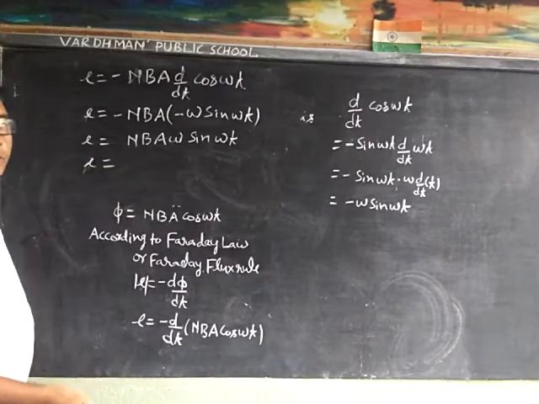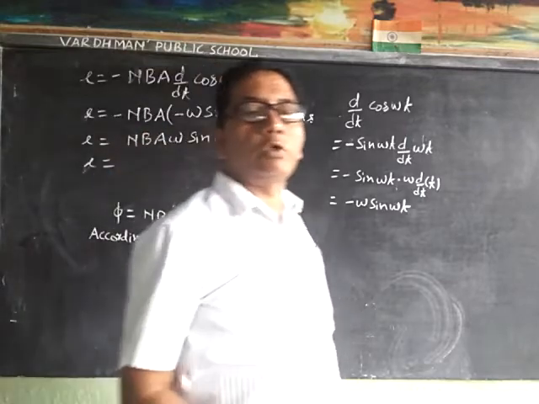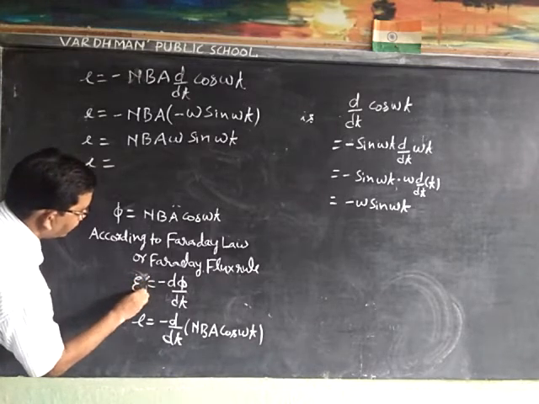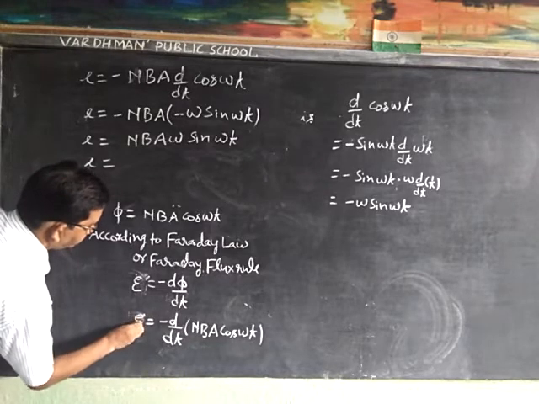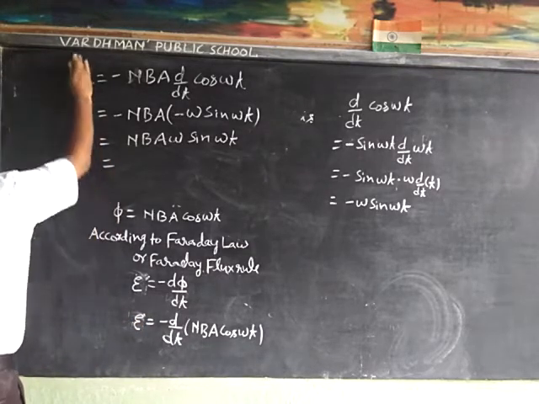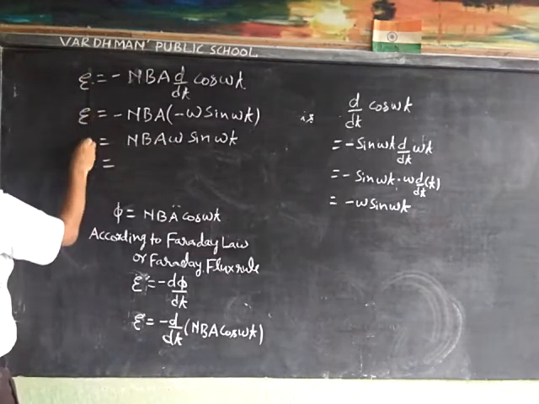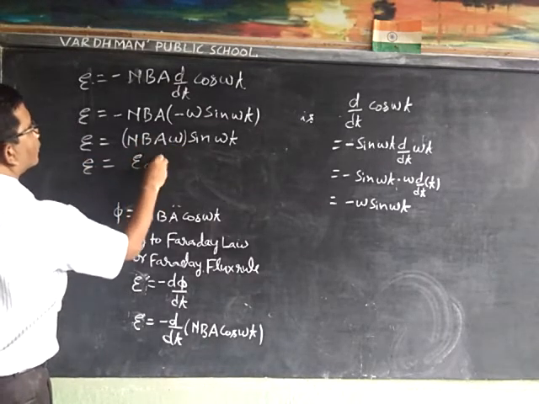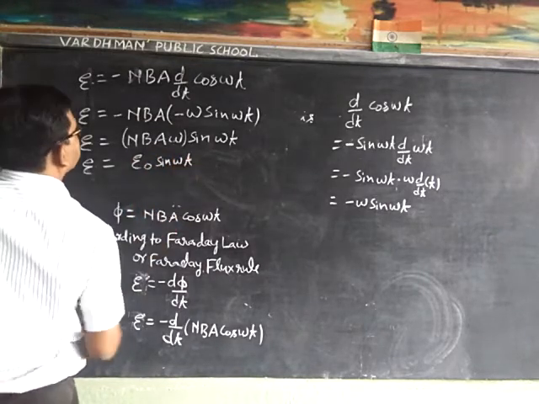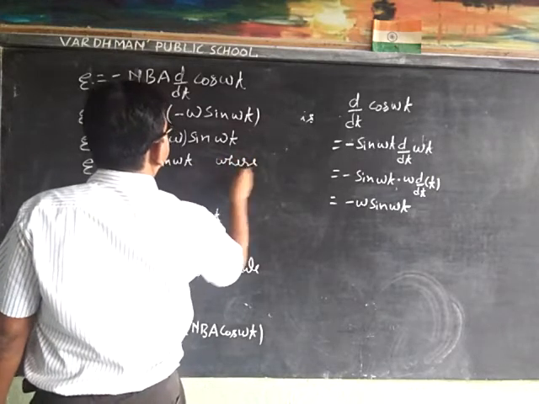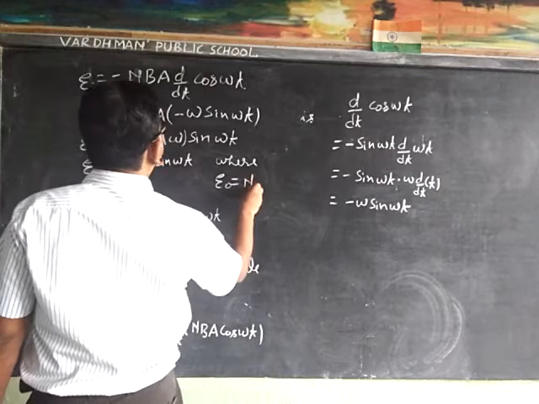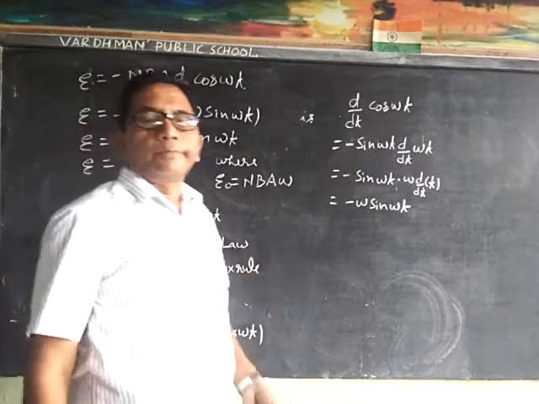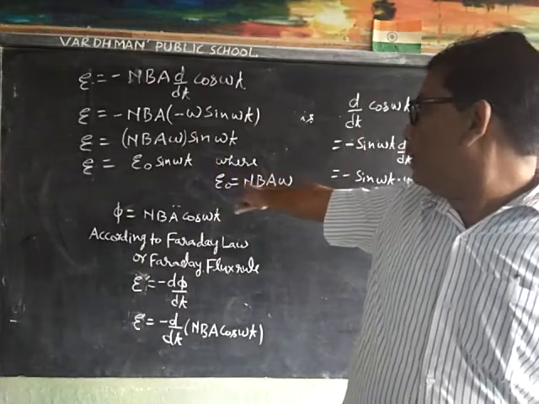We can write E is equal to E0 sin omega t, where E0 is equal to NBA omega.